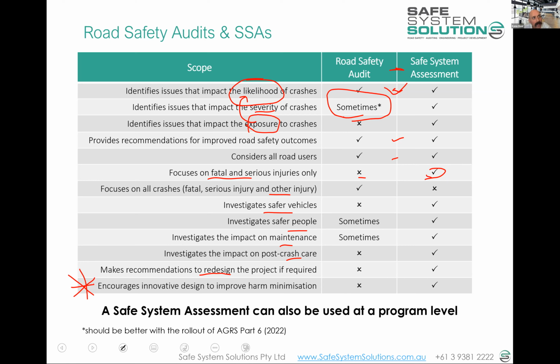But so the design is done, and the road safety auditor is engaged, or the audit team is engaged, and they're handed the designs. Their job is not to tell you whether it's going to improve road safety or not. Their job is to find every risk associated with that being built.